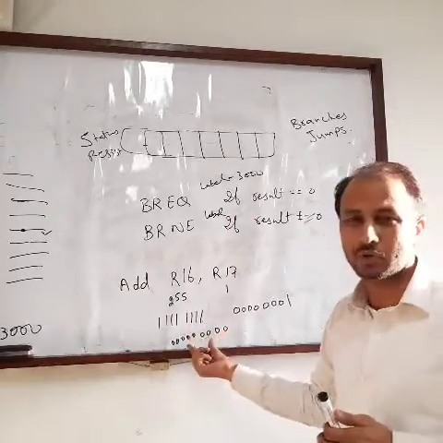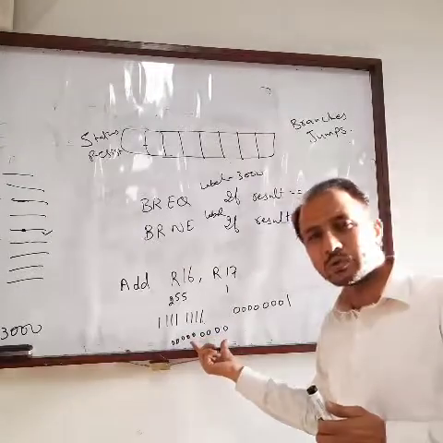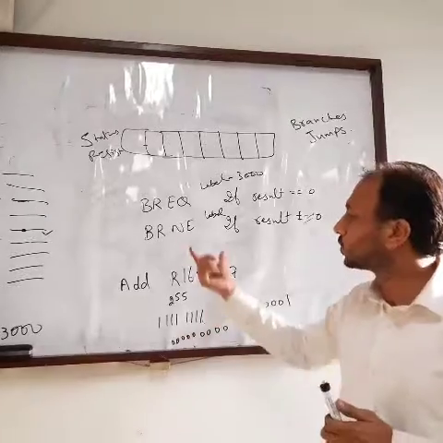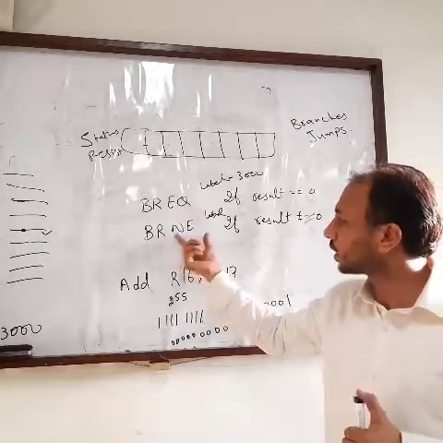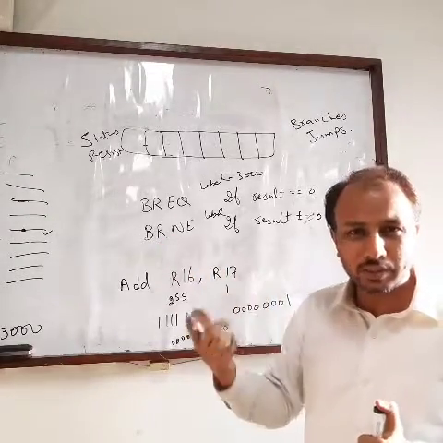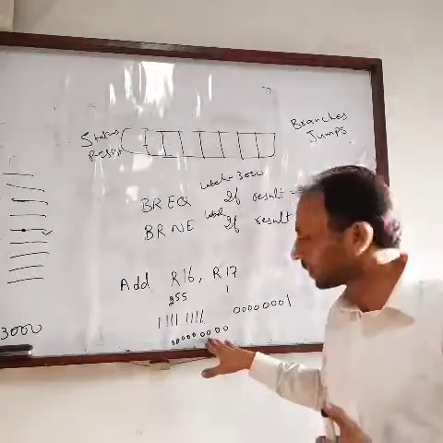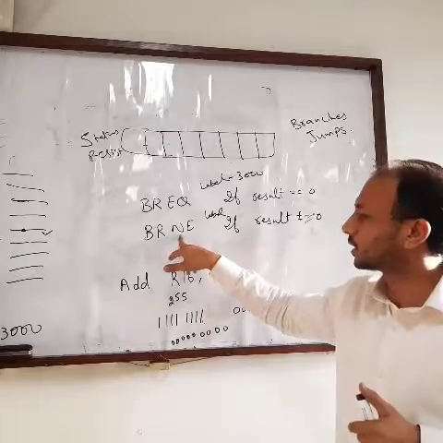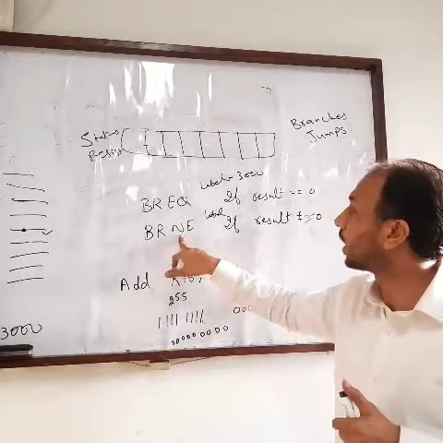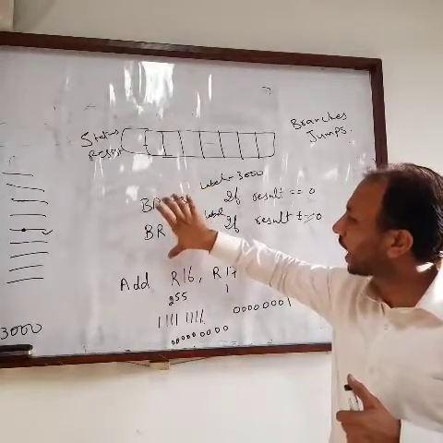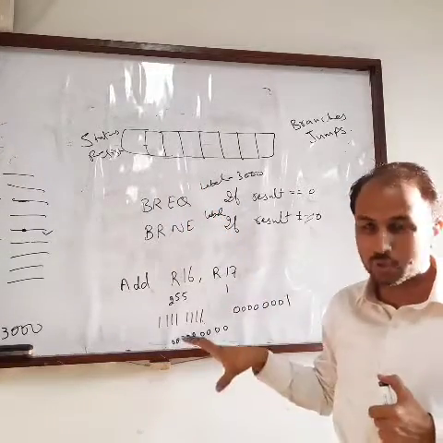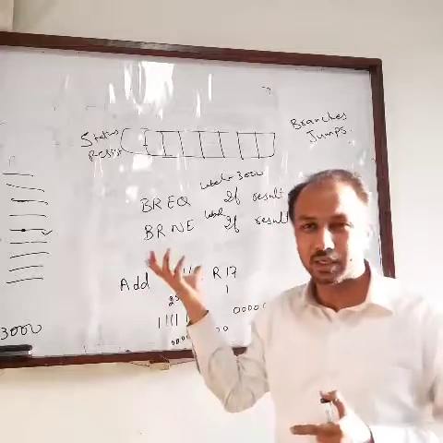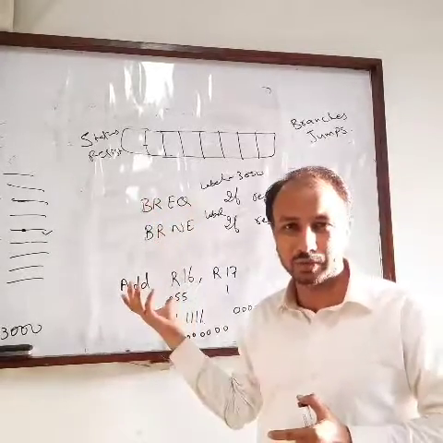Because our result is equal to 0, it is not a non-zero value, so branch not equal will check our Z flag: is it equal to 0? No, at this time it is not, because our result is 0 and the Z flag is 1, so this instruction will not be executed. We will see how we can use these instructions in programming, but first try to understand which flag these instructions are using.